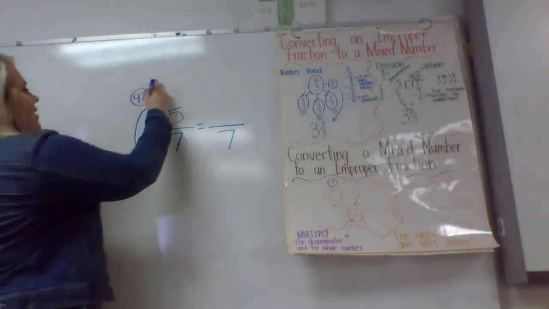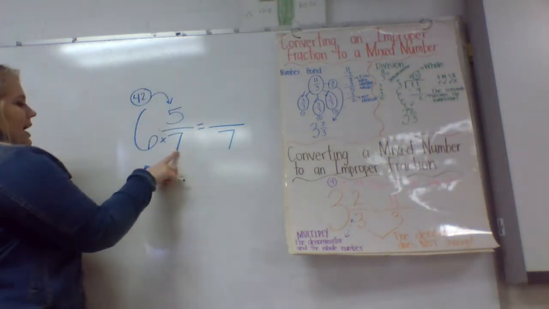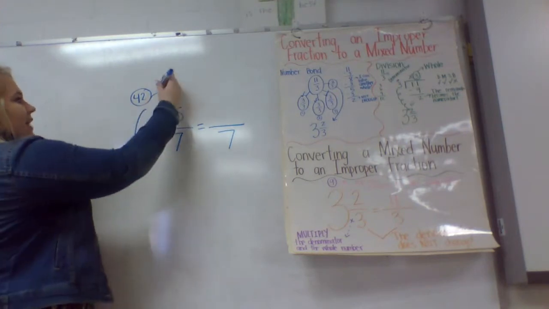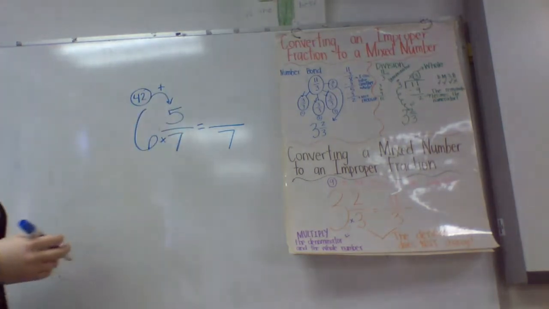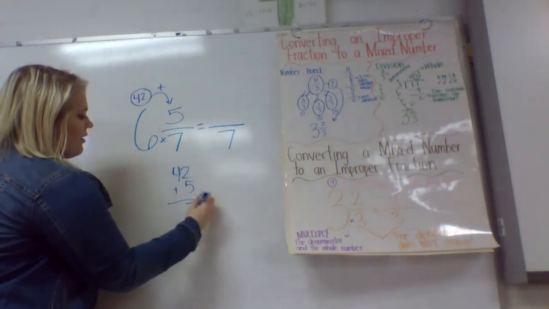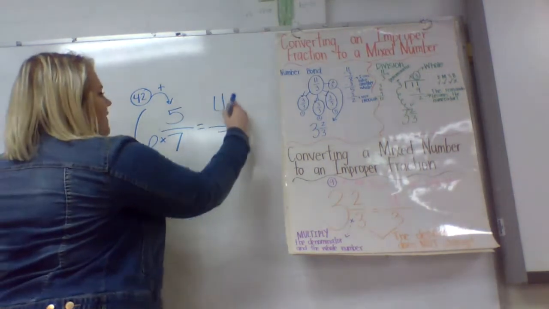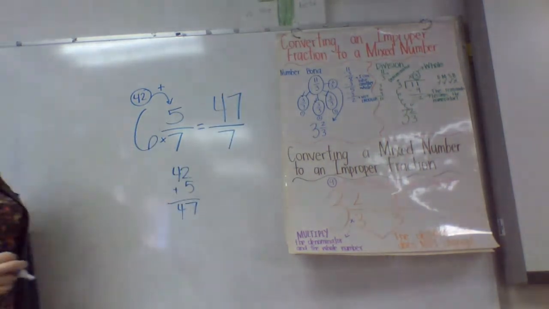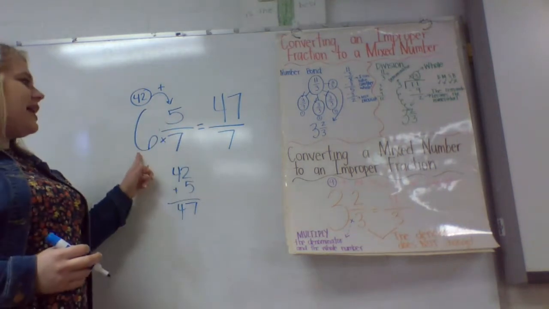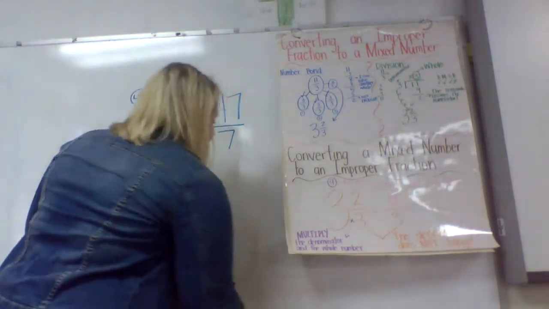Now I add that product, 42, to my numerator, 42 plus 5, which is 47. That becomes my new numerator. 47 sevenths is the improper fraction for 6 and 5/7.